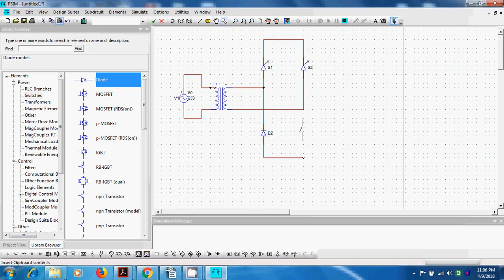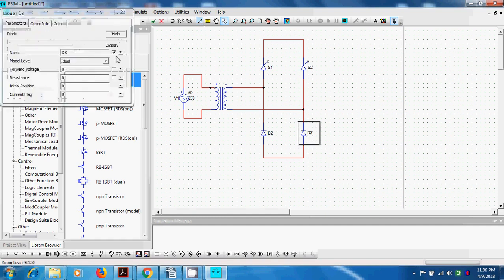Copy. Okay, now it's good. Double click again here, this is my D1 actually.